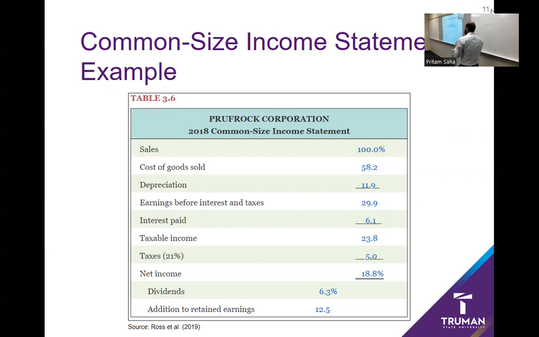If they generate $100 in sales, they also incur 58 for producing those sales, right? Depreciation, fixed expense, 11% of sales, almost. Your EBIT or operating profit is around 30% of your sales. This is also known as operating profit margin.